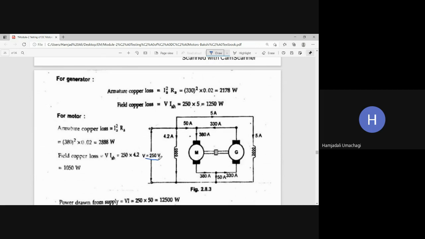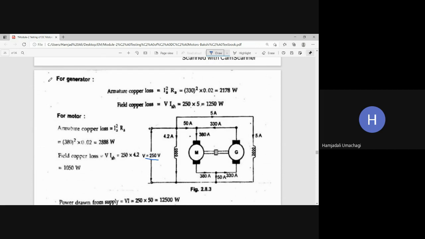After drawing the circuit diagram, you should know how to draw the circuit diagram for the Hopkinson test using both the excluding field winding and including field winding methods, and this problem is based on the excluding field winding method. This is the circuit diagram, and you should first write all these values by analyzing the data given in the problem statement, and after that we will solve the problem.